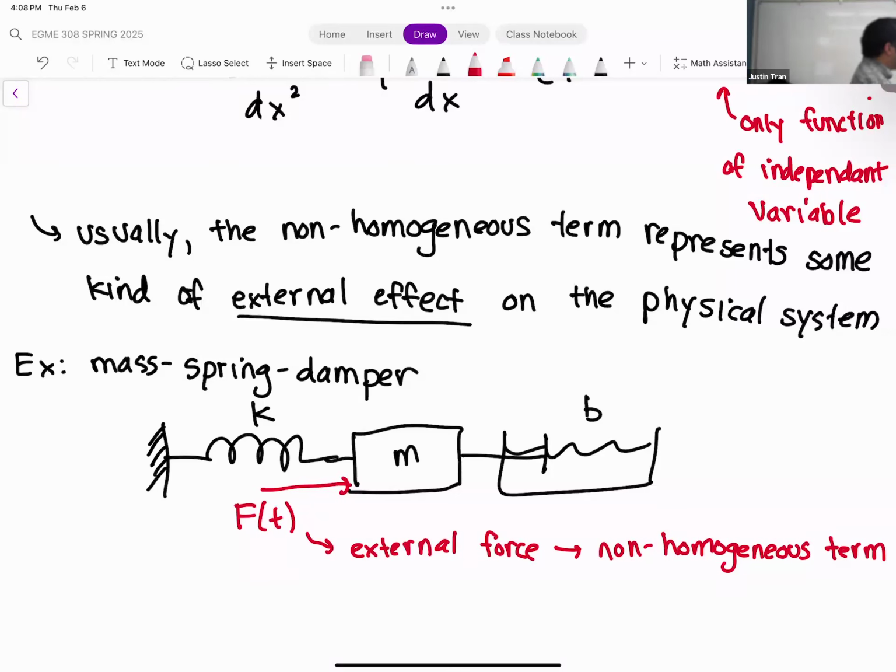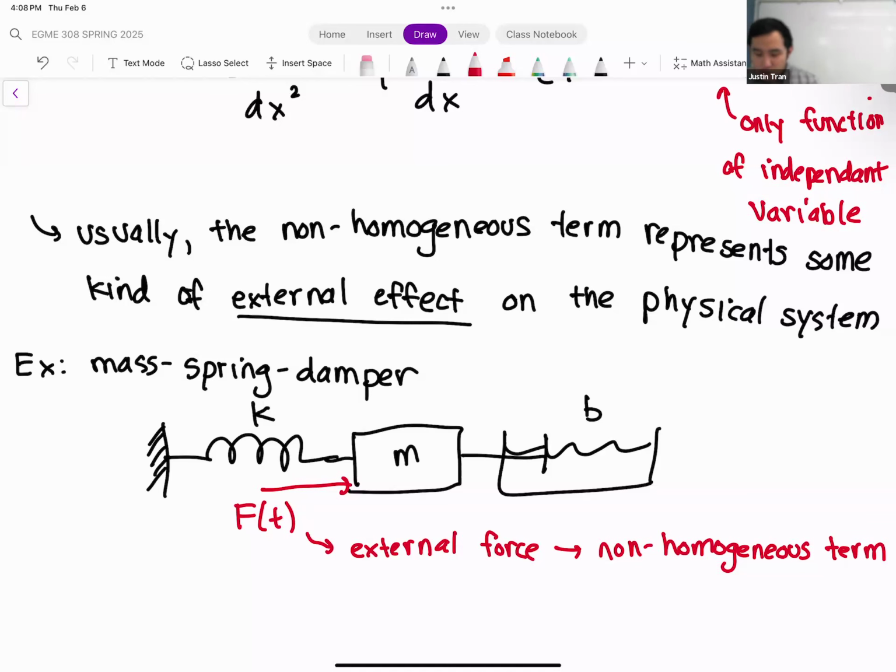As we go through the lecture today and see the different non-homogeneous terms, I want you to keep in mind that each of those non-homogeneous terms represents some kind of external effect, something that was not part of the system originally in isolation, but that you can apply to the system and that's going to cause some kind of response.